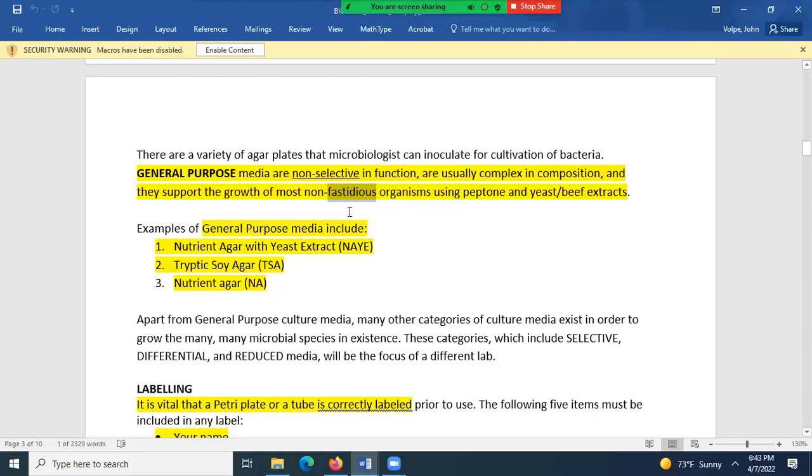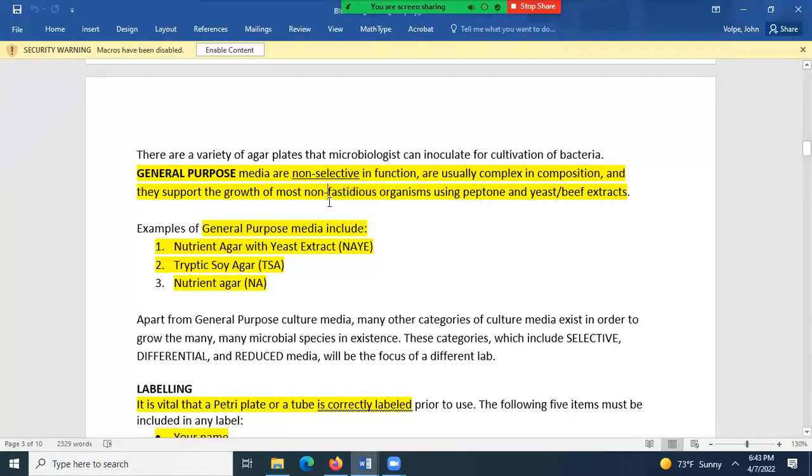An easy way is to grow it on an enriched media plate that has blood in the plate. And the red blood cells will provide the nutrients that Streptococcus pyogenes requires before it will grow.